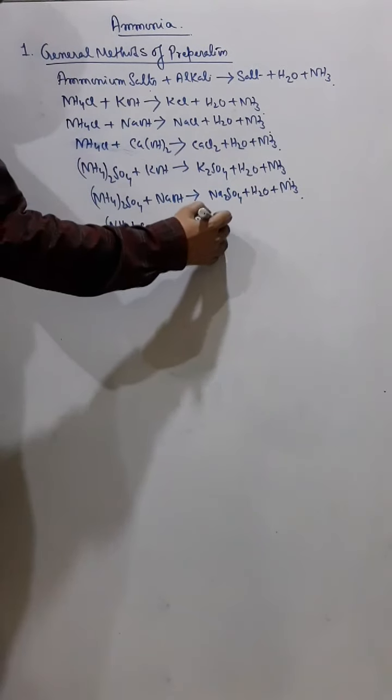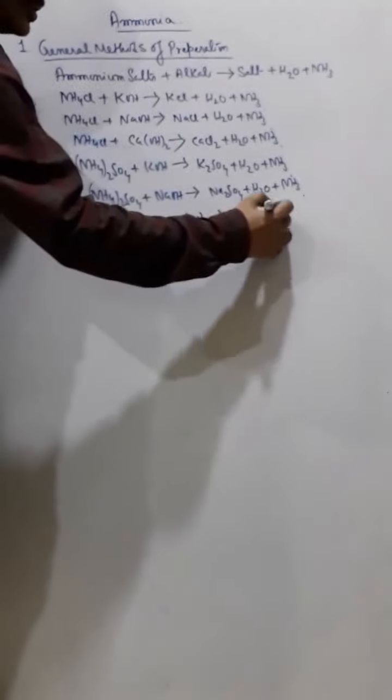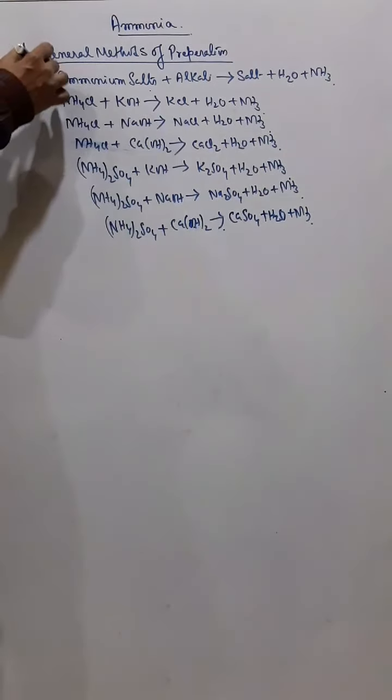And again (NH4)2SO4 plus Ca(OH)2, we will get CaSO4 plus H2O plus ammonia. So finally you have to understand that this is the general equation: ammonium salt plus alkali will give you a salt, water and ammonia.